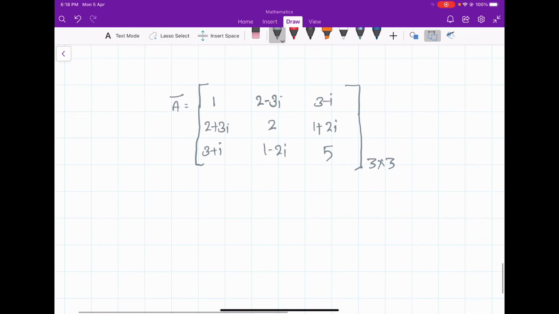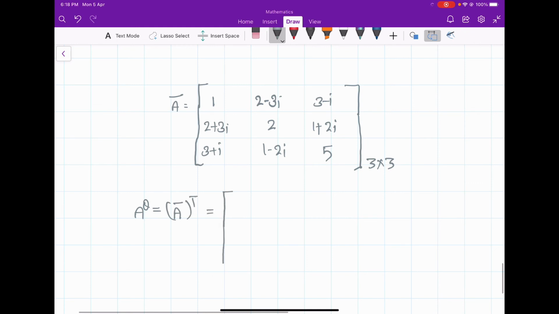Now the conjugate of the transpose of A, that is A theta, is given by: this is your row, so you write this row here as a column, 1, 2 minus 3i, 3 minus i.